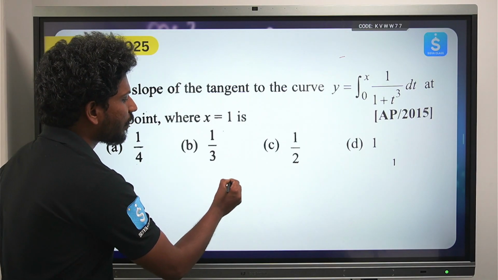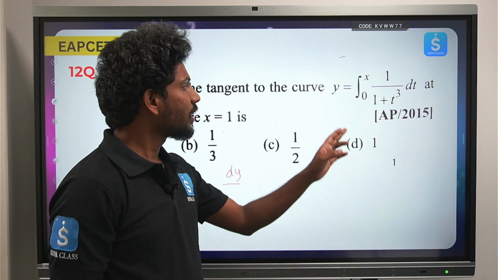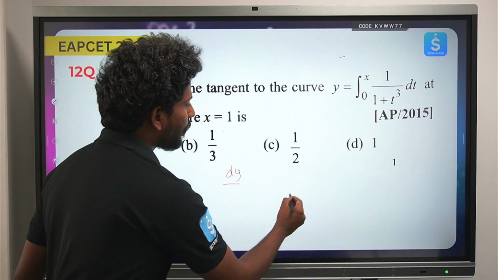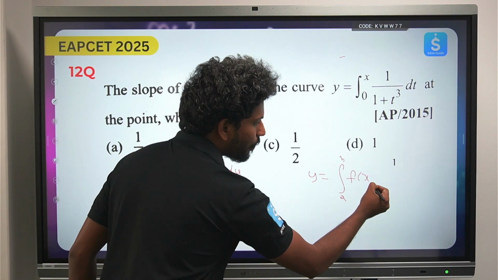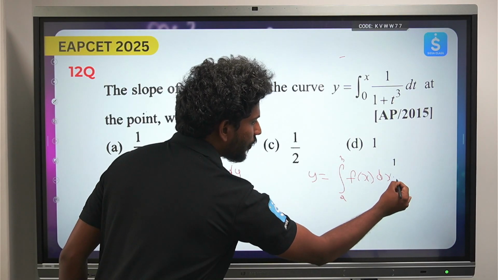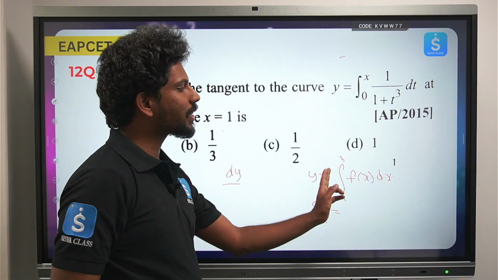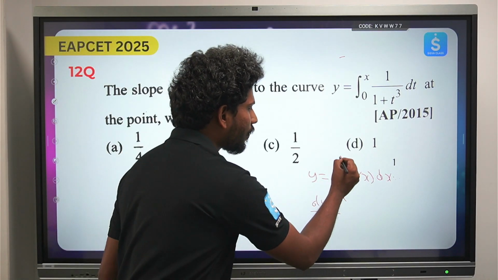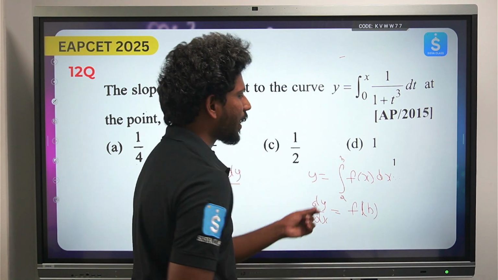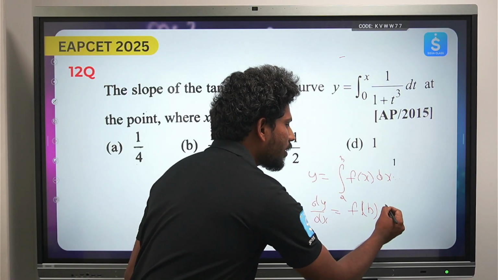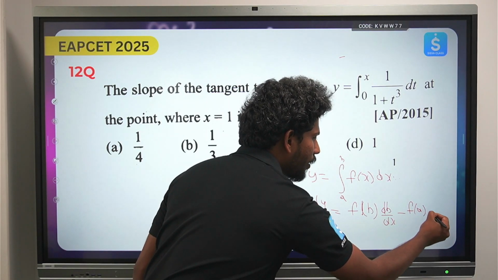When you differentiate on both sides, according to the Leibniz rule of differentiation, dy by dx, you can just do this. Whenever you have an integral from a to b of f of x dx, when you have to differentiate, dy by dx is equal to: first just directly substitute the value, f of b, where b might be some function of x, into db by dx, minus f of a into da by dx.